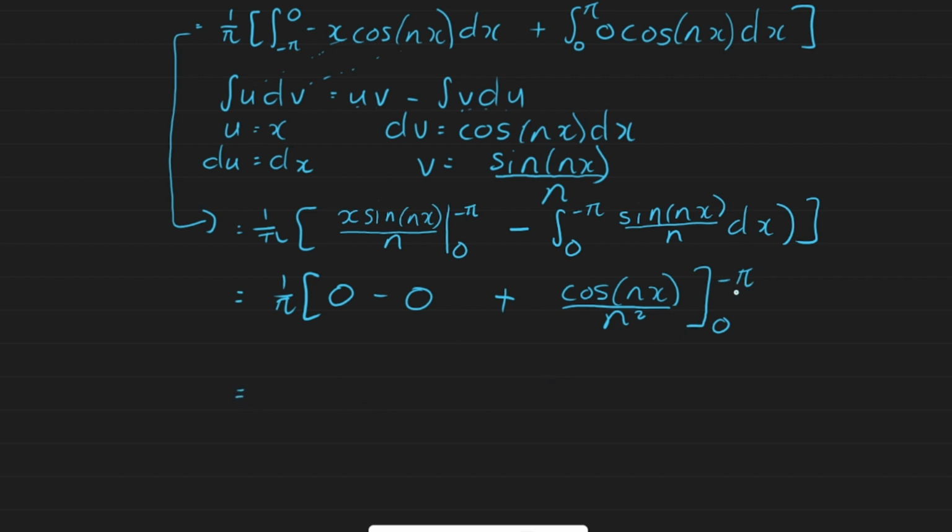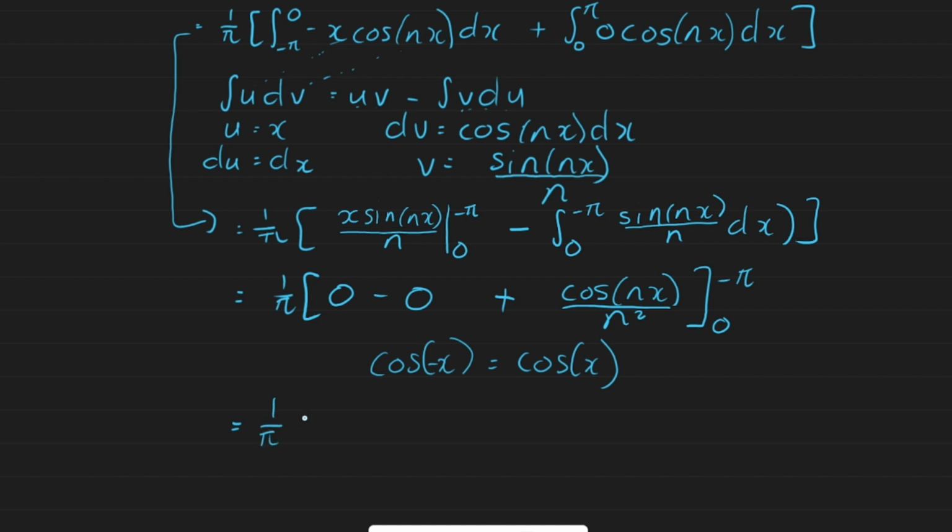So when we put in cos of minus pi, this is where we're now going to use our trig identity. So let's just write that again. cos of minus x is equal to cos of x. So when we put in minus pi, we're just going to get cos of pi.